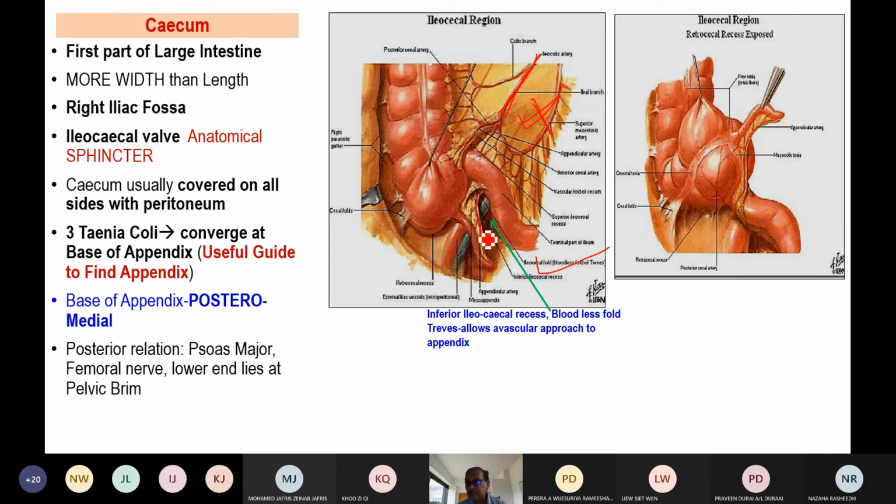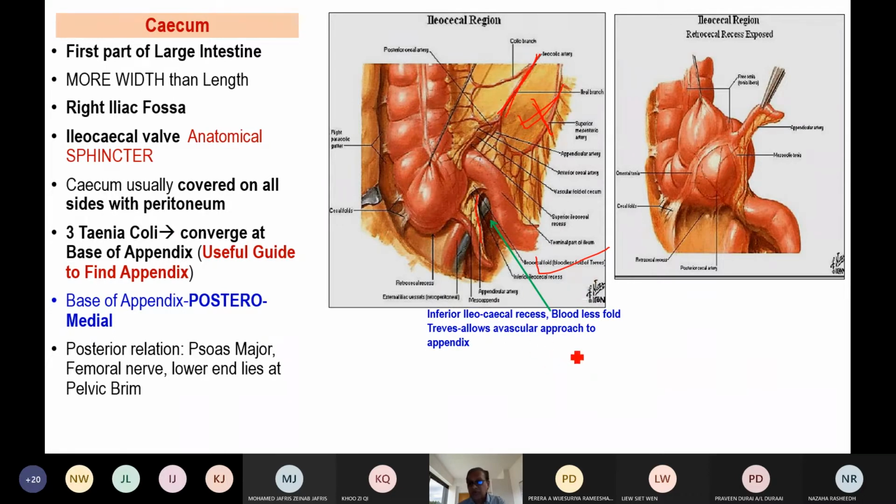You should start with the inferior ileocecal recess. Reason? It does not have too many arteries, only one artery, the appendicular artery. So the inferior ileocecal recess is also called the bloodless fold, because without any loss of blood, you can do appendicectomy if you approach the inferior ileocecal recess.